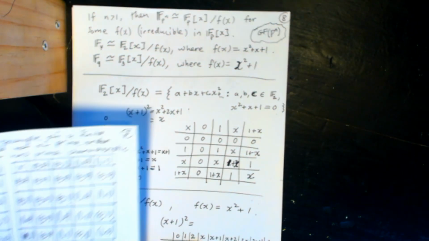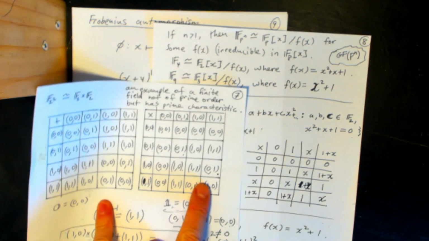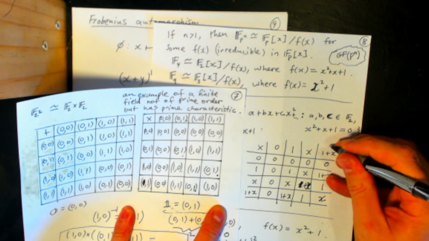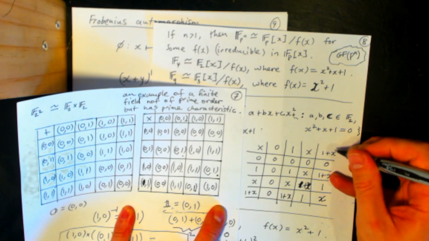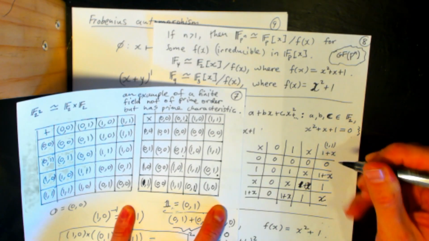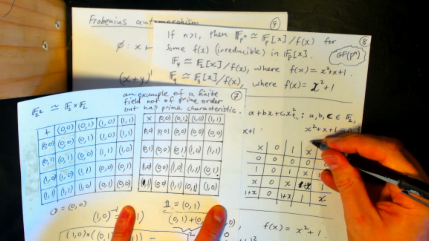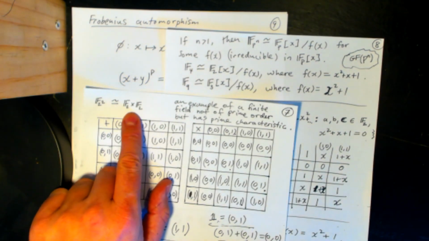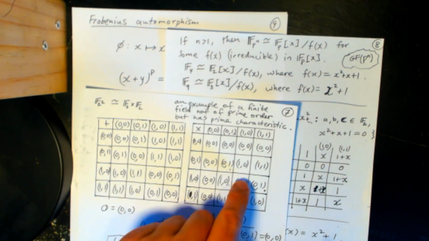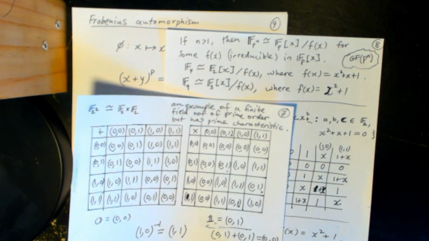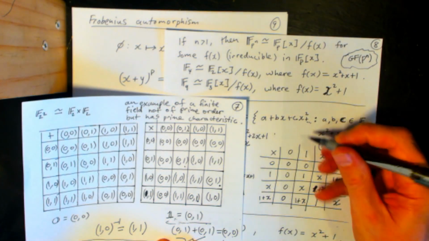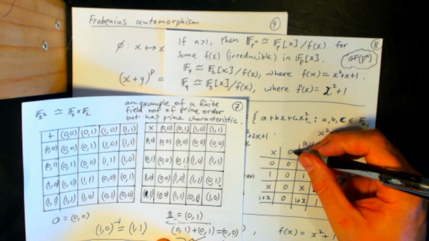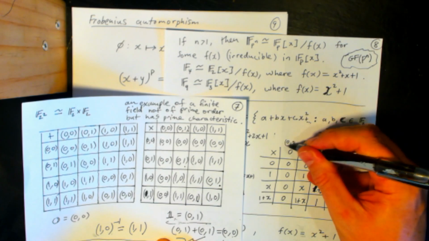And finally, there's a correspondence here between this multiplicative table here, because we now have a dictionary, right, where 1 plus x is 1, 1, and then x is 1, 0 in our dictionary, as in our correspondence between this view of that field and 0, 1 corresponds to 1, and 0 corresponds to 0, 0.